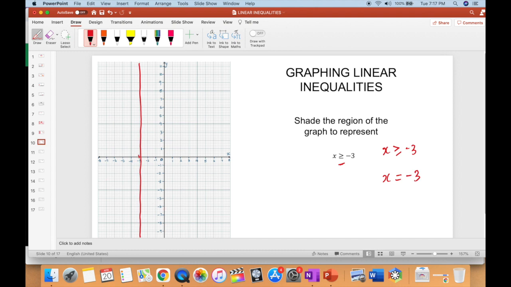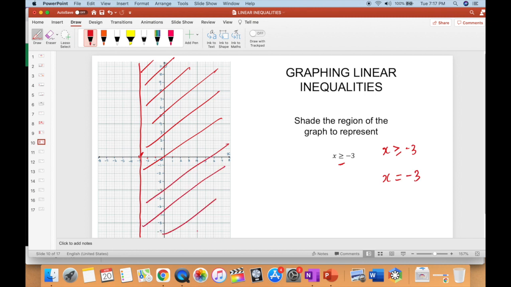You see this is -3 here, so -2, -1, 0, 1, 2, all of these are greater than -3. That means this is the entire region of the graph that I have to shade. So you shade this whole region, and this is the region of the graph where the inequality will be true.